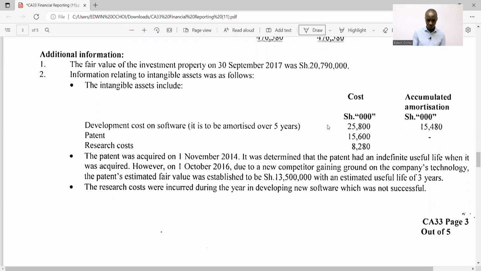However, on 1st October 2016, due to a new competitor gaining ground on the company's technology, the patent estimated fair value was established to be 13,500 with an estimated useful life of 3 years. The research costs were incurred during the year in developing new software, which was not successful. This research cost of 828, so that is a cost. That is an expense.